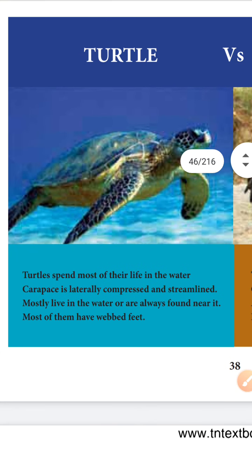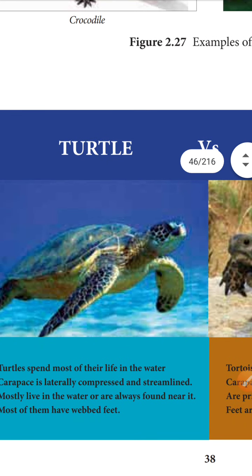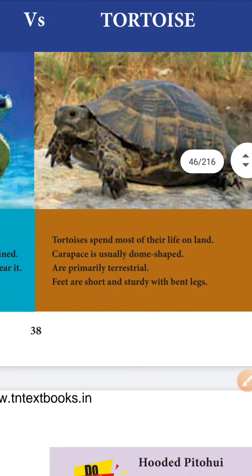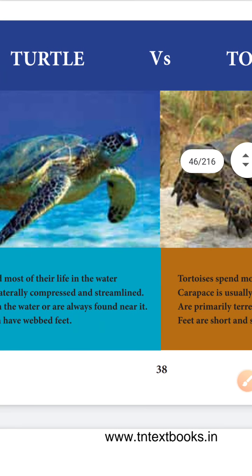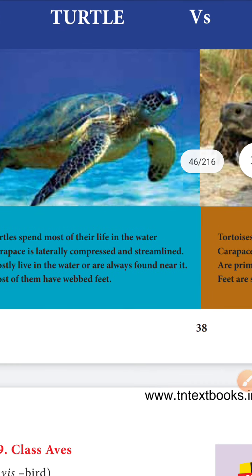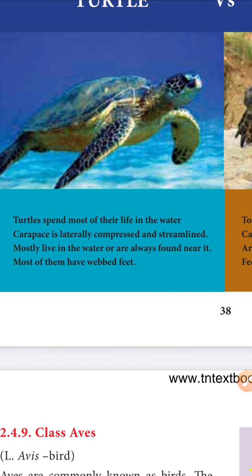Next we will see the difference between the tortoise and the turtle. What is the difference between tortoise and turtle? The structure is the same, but there are differences.